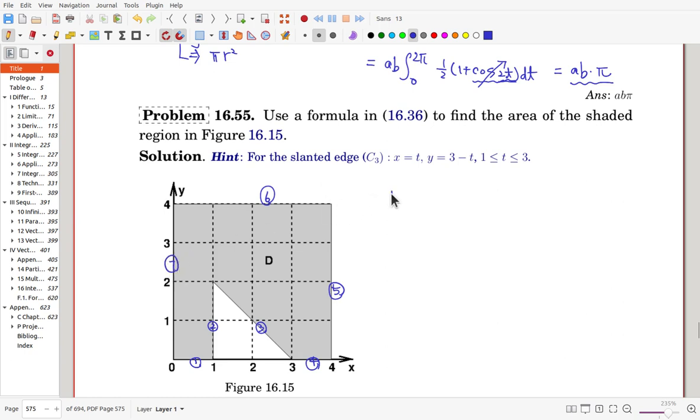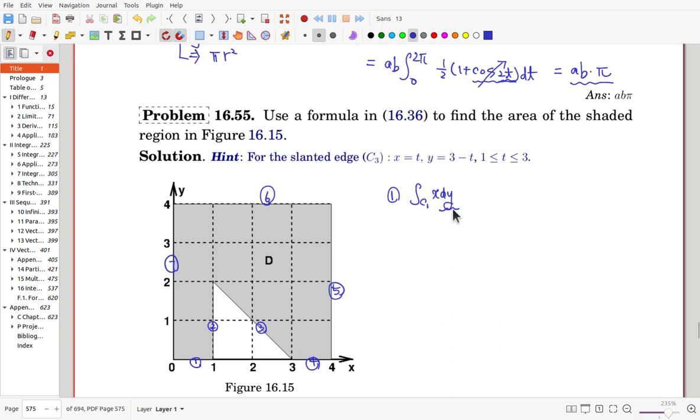Okay, for the first one, the integral of c1 x dy, there's no change in y, so that must be 0. If you parameterize this portion, then y is constant, and dy is the same as y prime dt.